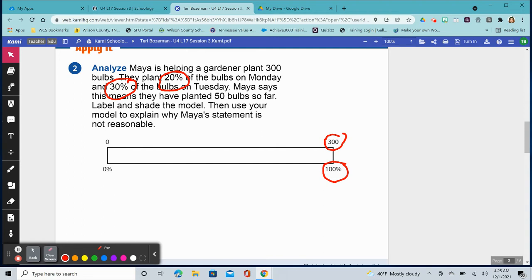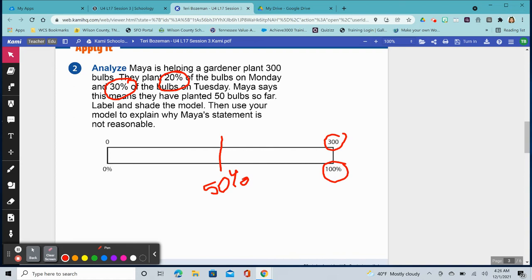So that's half. So I go halfway through my model, right? 50%. So at this point, they have planted 50% of the bulbs. Now, does that mean 50 bulbs? Well, 100% is 300, but they've done half, right? Because 50% is halfway. So what is half of 300?